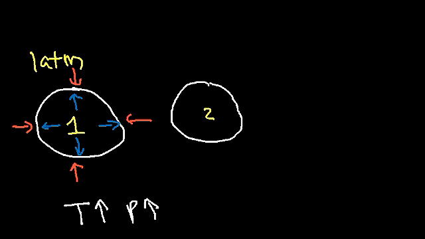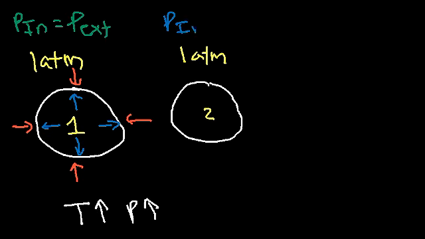Now what do you think is going to happen if the internal pressure is greater than the external pressure? In the beginning, the internal pressure was equal to the outside pressure, and so the volume was constant. But here, the internal pressure is greater than the outside pressure.